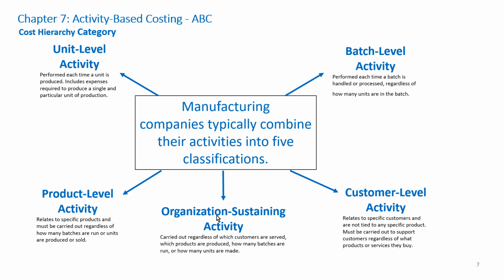The fifth level of activities are referred to as organization-sustaining activities. Organization-sustaining activities are carried out regardless of which customers are served, which products are produced, how many batches are run, or how many units are made. These activities apply to the entire company, both factory and administrative offices. They're costs required to sustain business operations.